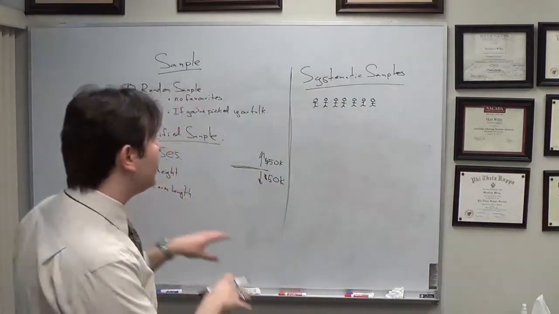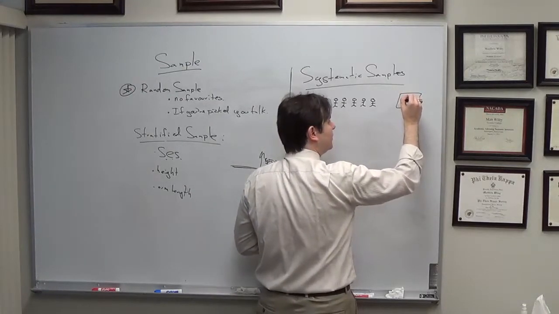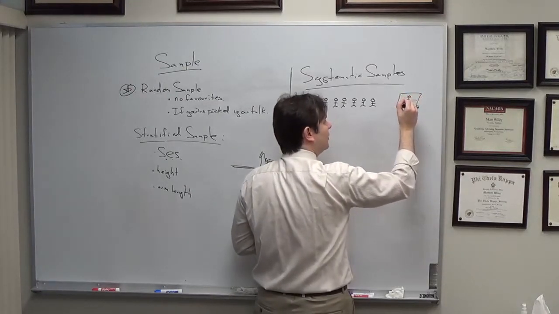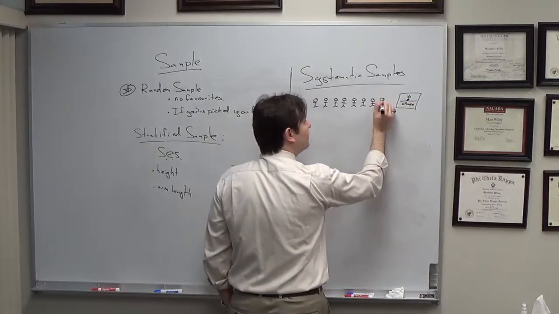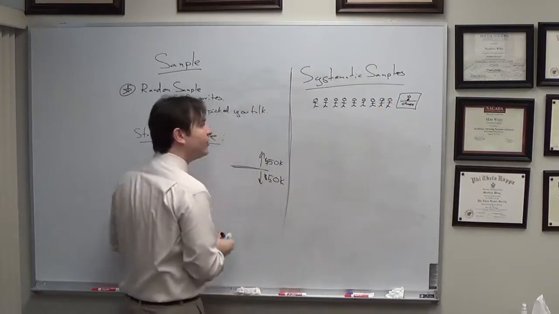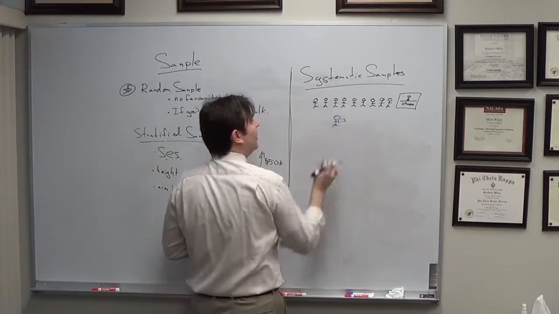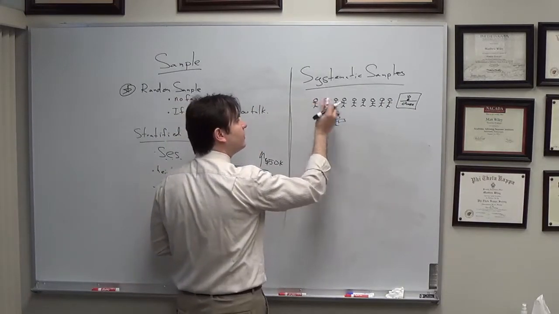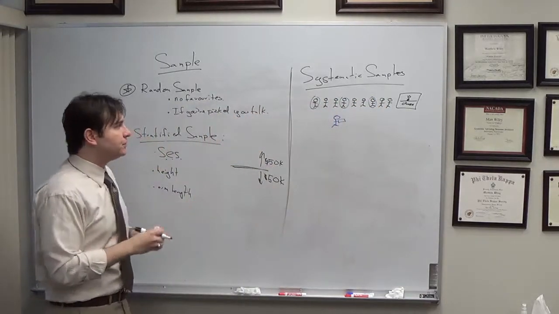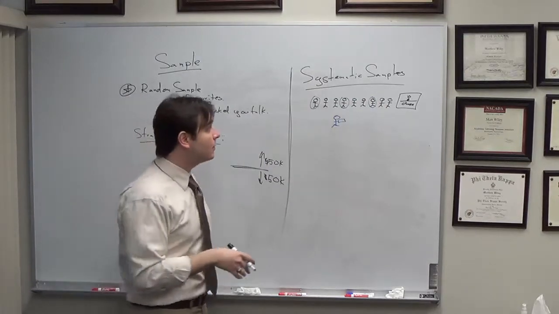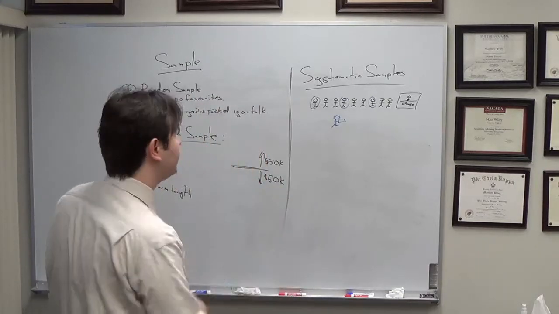They swore by it, because you get all the students on registration day, and you'd have a little table here and a little dude sitting here getting ready to hand out all the class schedules. And you'd have all these students lined up in a row. All you had to do was get someone to come up to them with a survey, and all that person had to do was pick, I don't know, every third person. So you count 1, 2, 3, 1, 2, 3, 1, 2, 3, and these are the ones you talk to. That's a systematic sample. For a queue, it's pretty good, it's pretty close to random, and it works pretty well for that kind of scenario.